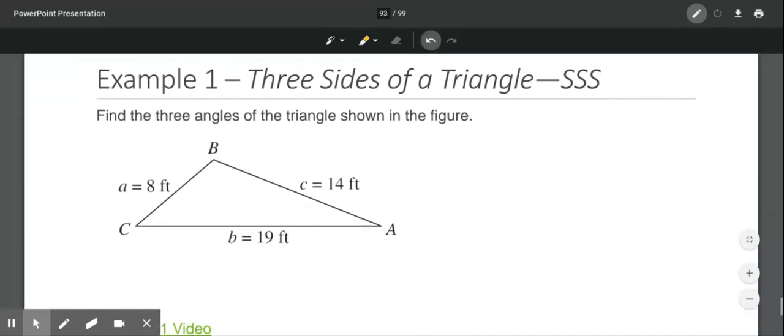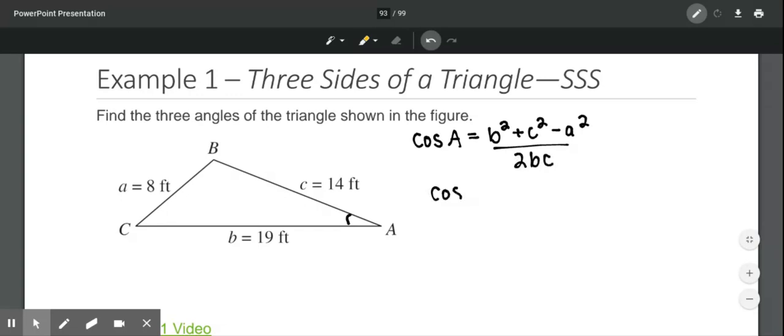So let's look at this example, and we're going to find all three angles. Let's first start by finding angle A. To find angle A, I'm going to use the alternate formula: the cosine of A equals B squared plus C squared minus A squared over 2BC.